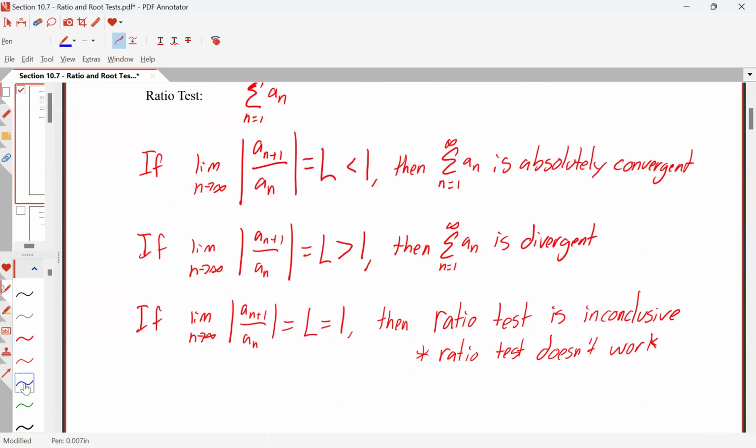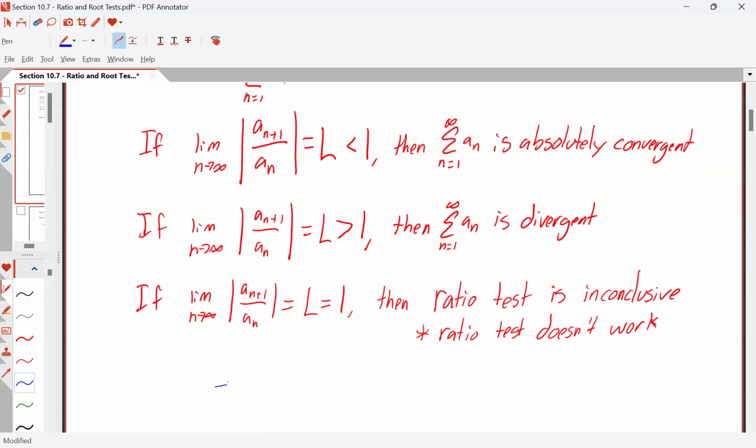Now, a few notes on the ratio test. 1, the ratio test cannot prove conditional convergence. Notice either it shows absolute convergence or it shows divergence.